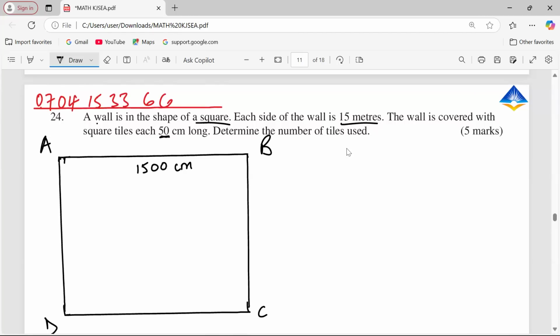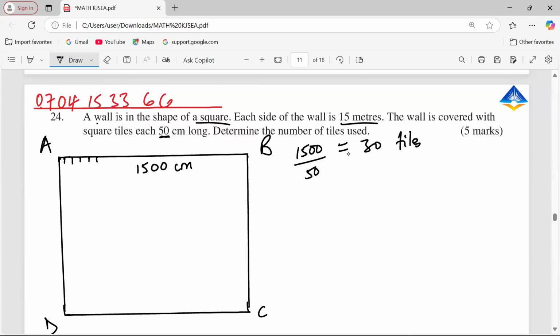Then one square tile is having a length of 50. So 50, 50, 50, 50, so that they may lie here. So along the length, how many tiles are we going to have there? We shall have 1500 when divided into lengths of 50, we'll get 30 tiles.